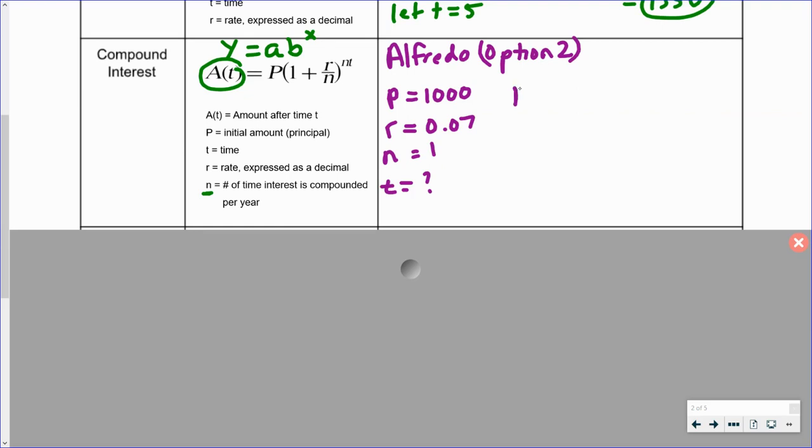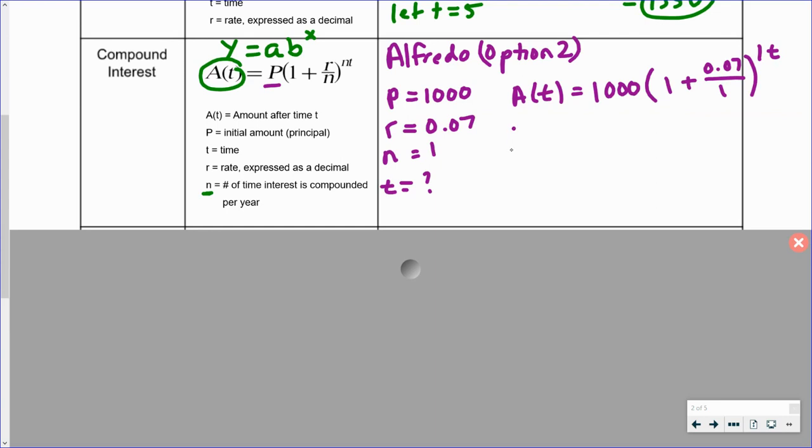So here's our function. A of t equals the principal amount p, 1,000. So I'm just using the formula to the left, times 1, which is 100% of the previous amount, plus your interest rate over the number of times that interest is compounded, which is 1, and then raised to the nt, so the 1t power.